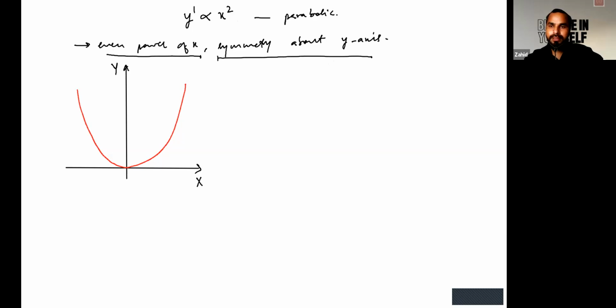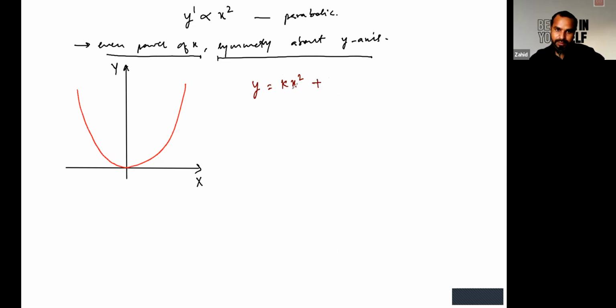The next part is, if there is no constant term in this particular expression, it will always pass through the origin. Suppose y equals some k times x squared. Whether it has any constant part or not, here k is the coefficient of x squared. It is not treated as a constant.